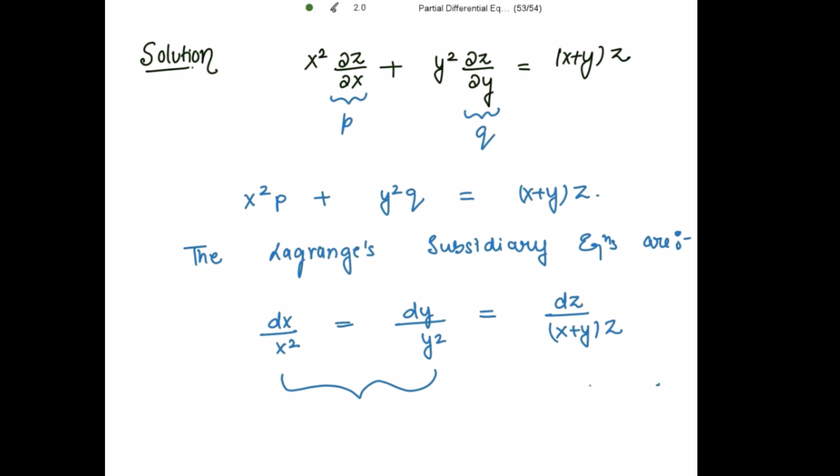Let me mark these equations as 1, and from the first two ratios I am getting dx divided by x square equal to dy divided by y square, or dx divided by x square minus dy divided by y square equals 0.